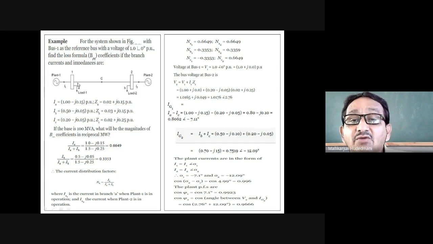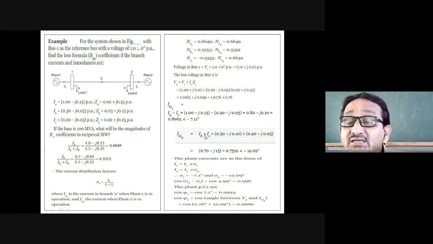The generator-injected current IG1 is equal to IA minus IC. From this bus perspective, IG2 equals IB plus IC, because these were already marked. We are not going to change them. Only what is marked on that reference is used for the calculation. Therefore, from the generator-injected current perspective, IG1 or I1 is equal to IA minus IC, and IG2 is IB plus IC.